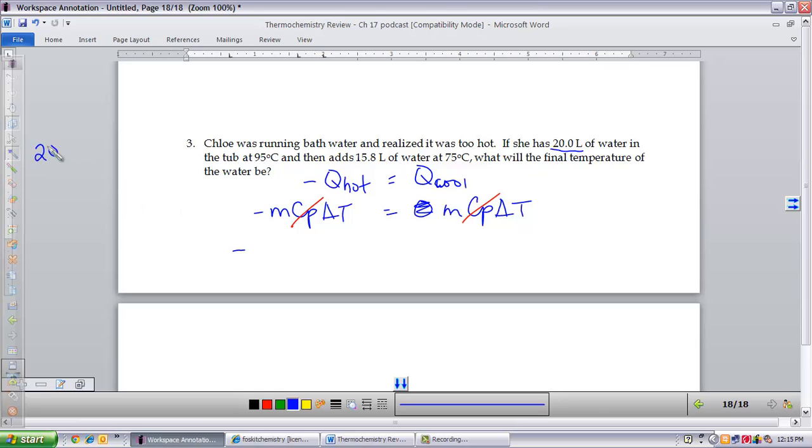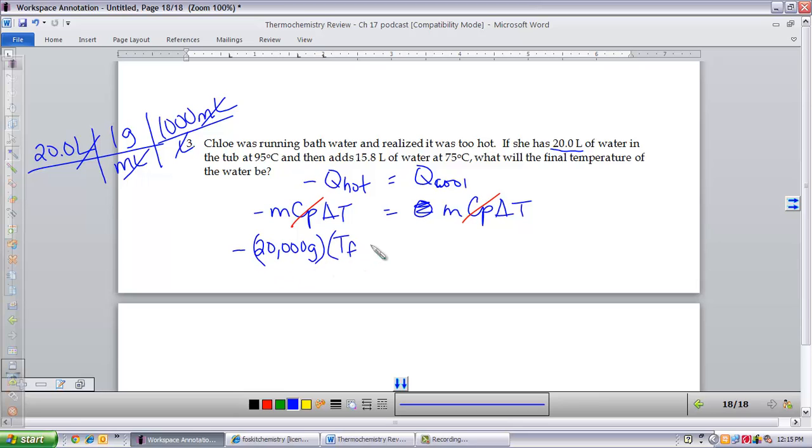Here, there's 20 liters of water. You want to find the mass, and water is 1 gram per milliliter. And then there's 1,000 milliliters in a liter. So you can cancel those out, and that gives you 20,000 grams of hot water. Our delta T is our final temperature, which we don't know, minus 95 degrees.